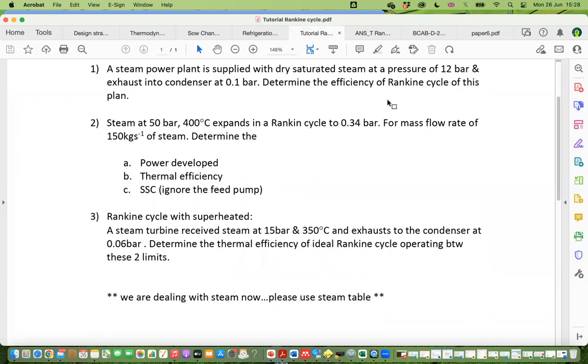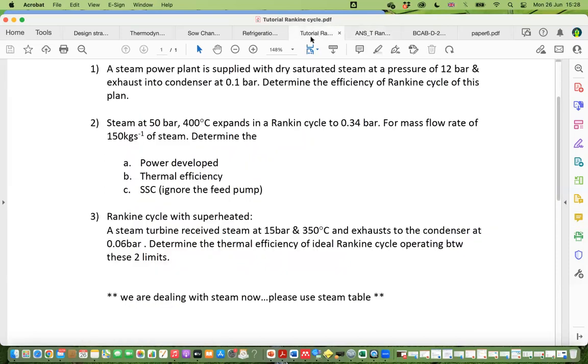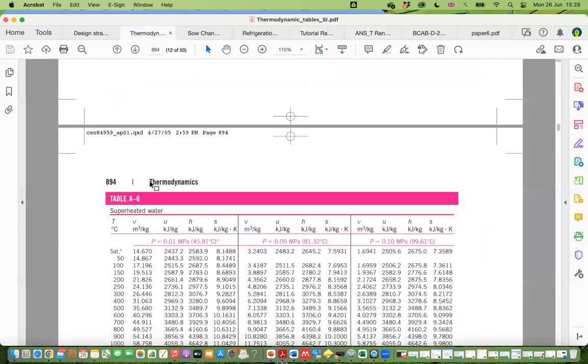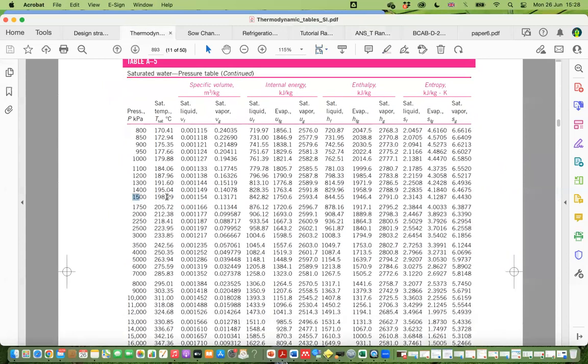It's ideal, so what should we do? First, we draw the curve. Remember it receives steam at 15 bar and 350. So 15 bar, refer to A5 first, 1500 kilopascal. It's confirmed it's superheated because the temperature is above the saturation temperature.